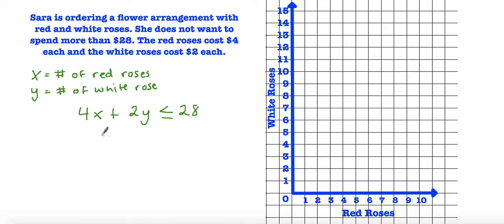Again, just like standard form, we're going to treat this as if it had an equal sign in order to graph it. And we're going to substitute our x with 0 to find our y-intercept and our y with 0 to find our x-intercept.